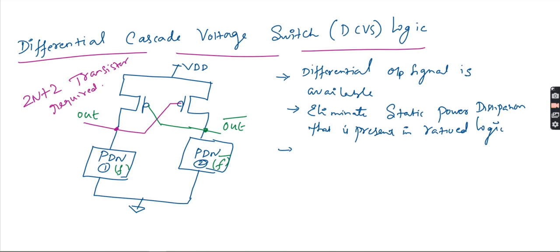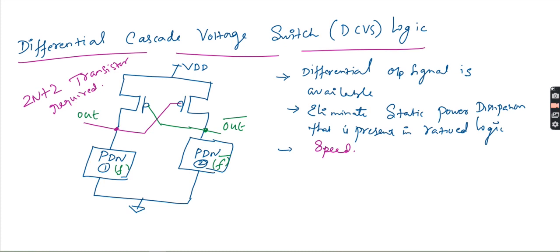One more thing: in DCVS, the circuit is very fast in the logic stage. As I said earlier, pull down network 1 and pull down network 2 will be implemented with the complementary function, that is, function f and function f bar.